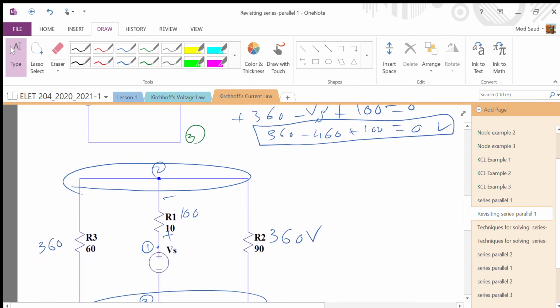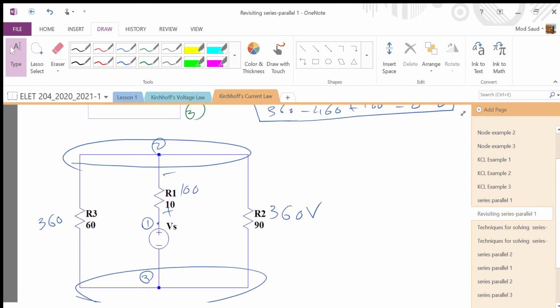Now, if I want to find, for example, the voltage of R2 and the voltage of R3, I will apply KVL at this loop and at that loop too.